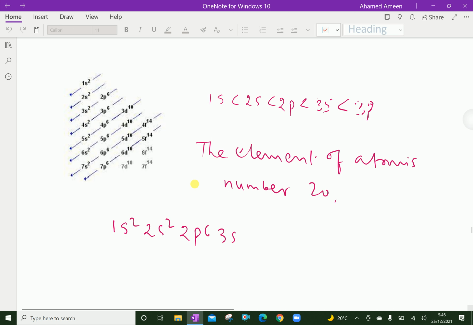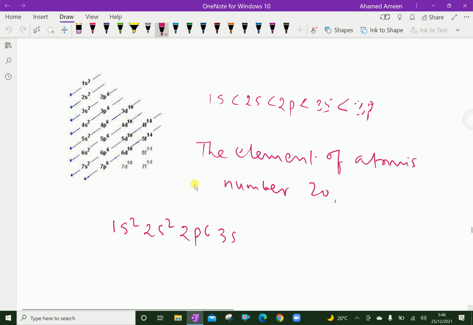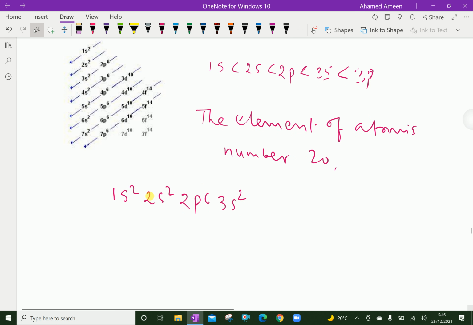Here we will count the electrons. These are the electron numbers, that is 2 plus 2 plus 6 plus 2.